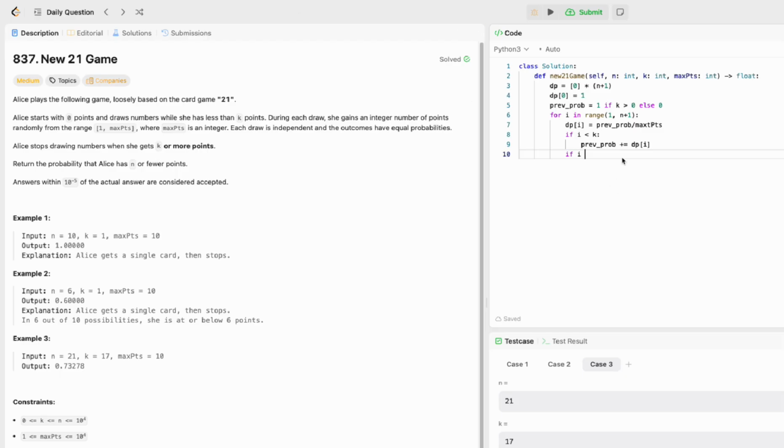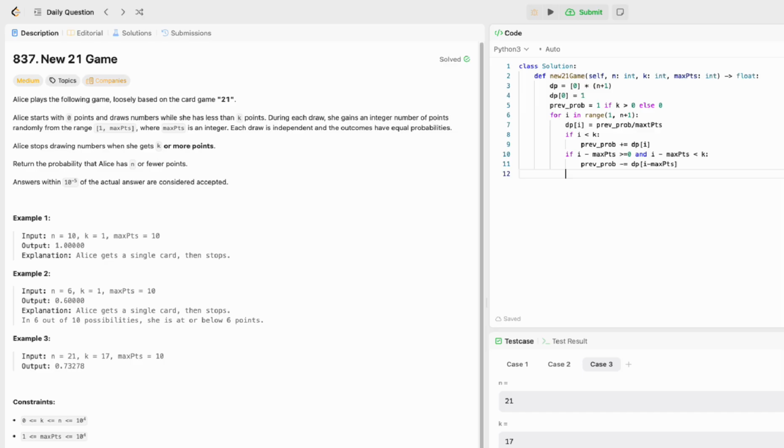Yeah, so by doing so we need to check the conditions of the max point, that it is greater or equal than 0, and i minus max point is smaller than k, right? It means that we can perform the future step, and then the previous probability, we will subtract this dp of i minus max point.